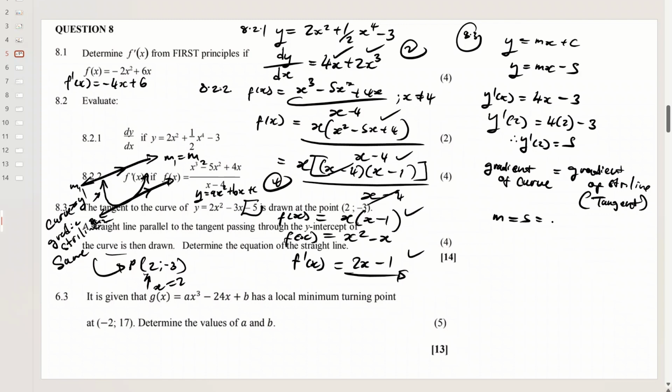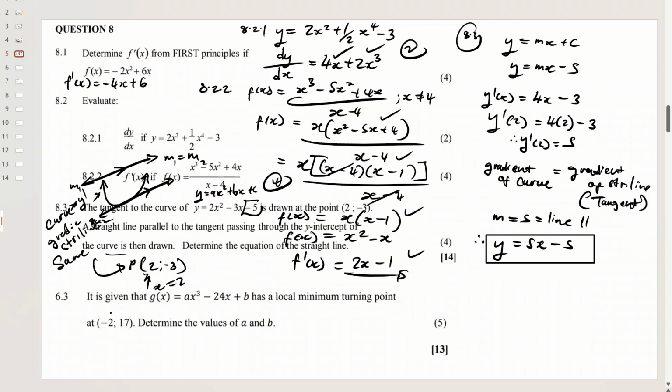And this 5 is the same as that of a line parallel to this tangent. So therefore, y is equal to 5x minus 5. And this is the equation of a straight line parallel to the tangent passing through the y-intercept.